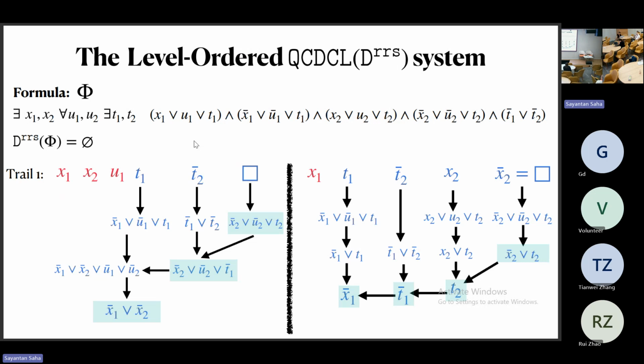I set x1. That doesn't force anything. I set x2. That doesn't force anything. Finally, when I set u1, the second clause in my formula becomes unit, which I then propagate to t1, which propagates from the last clause t2 bar, and finally the fourth clause is falsified.